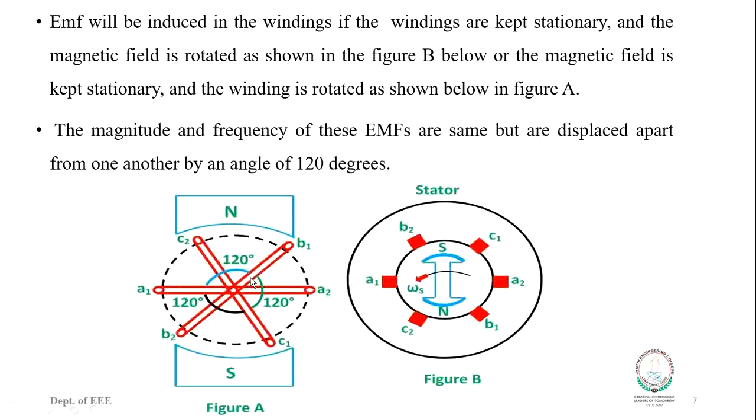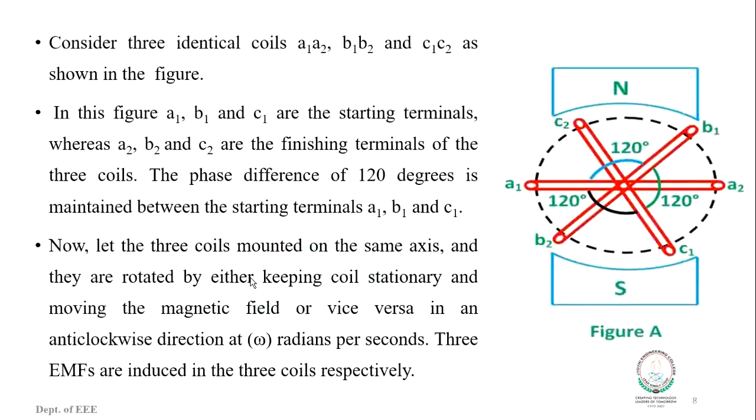And we know that in a three-phase voltage, the voltages are phase displaced by 120 degree and they have the same frequency and same magnitude. So here we can see that there are three coils, A1, A2, B1, B2 and C1, C2.